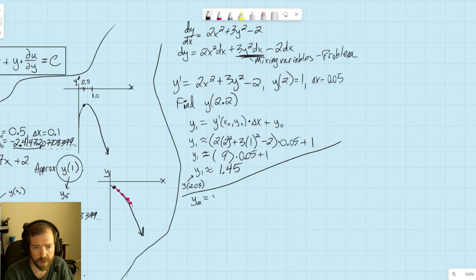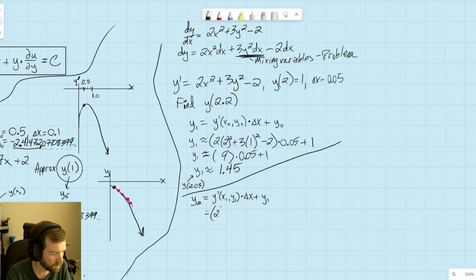y2 then is going to be equal to y prime at x1, y1, times delta x plus y1. Our x value was off, but anyway. So we use the previous x value in here.